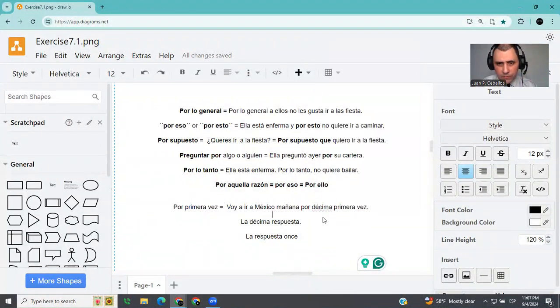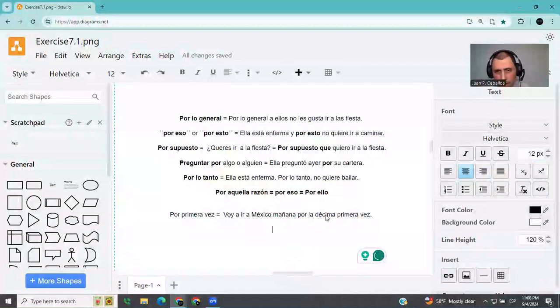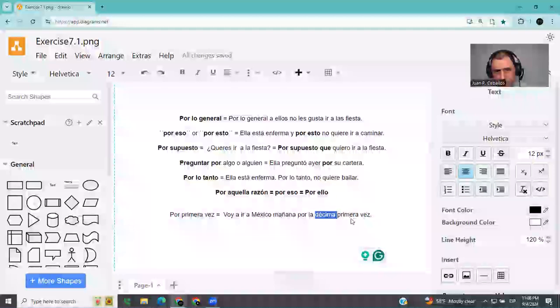The only exception will be this. I'm going to go to Mexico for the 11th time. Voy a ir a México mañana por la 11ª vez. Okay. And then you add la before the ordinal number after 10.